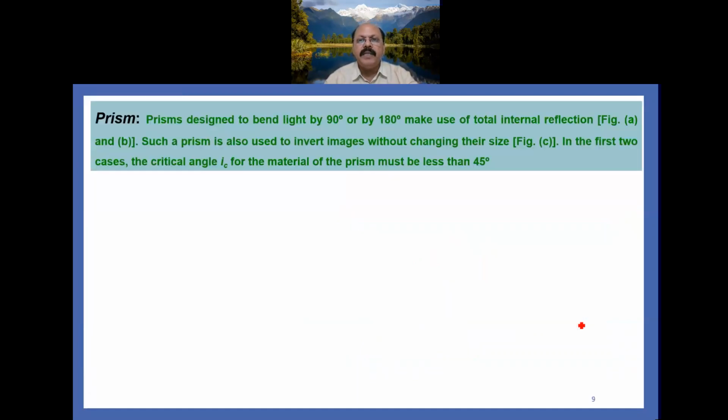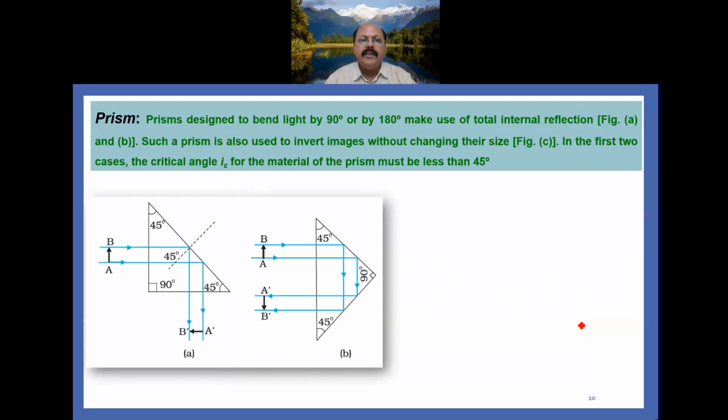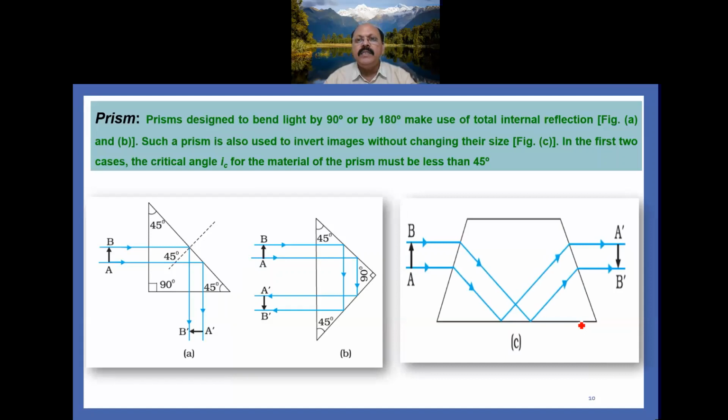Another application is the prism. Prisms designed to bend light by 90 degree or 180 degree make use of total internal reflection, as you can see in figures A and B. Such a prism is also used to invert images without changing their sizes, as you can see in figure C. In the first two cases, the critical angle ic for the material of the prism must be less than 45 degree, and that comes around 41 degree to 43 degree.